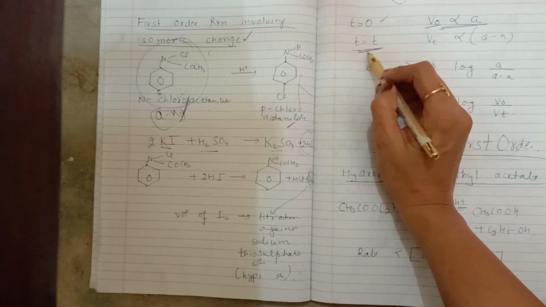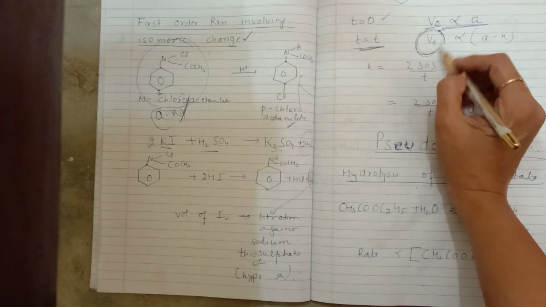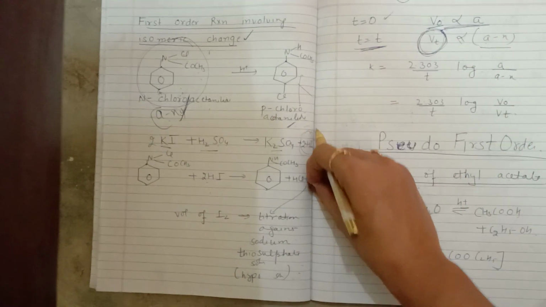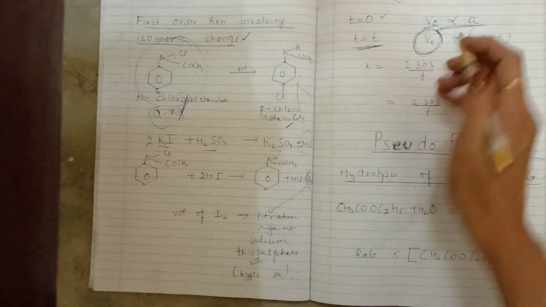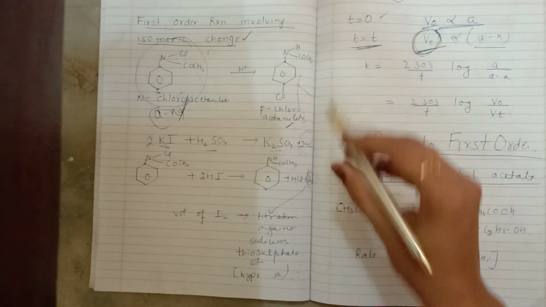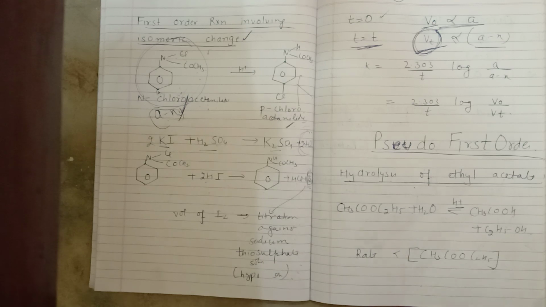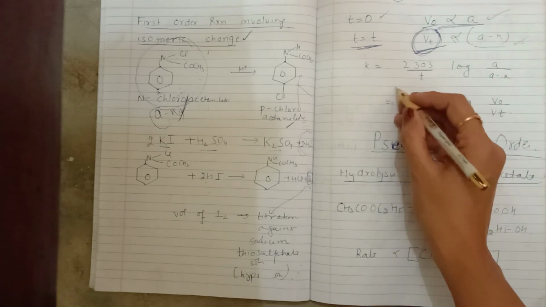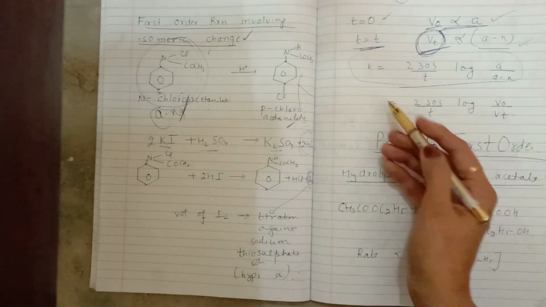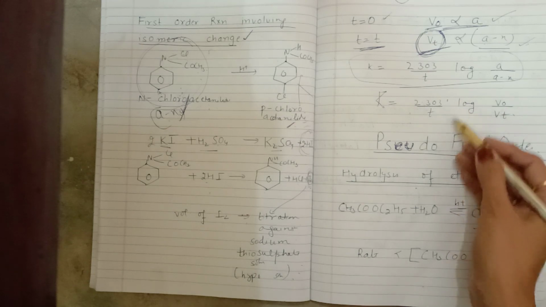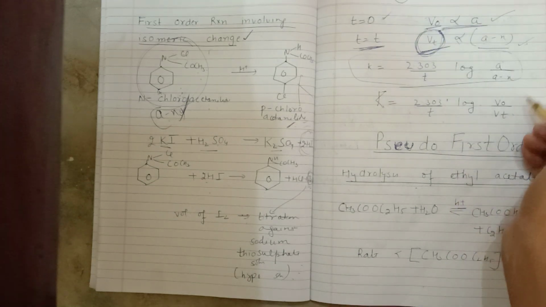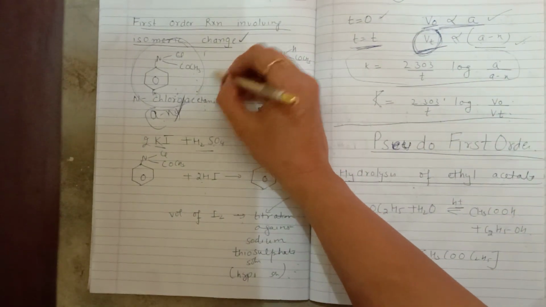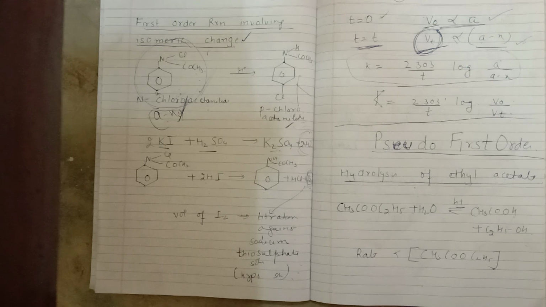So at time t, the volume of hypo solution used, Vt, will be proportional to a minus x. So we know a, we know a minus x. We'll put this in the first order rate law: k equals 2.303 upon t log V naught upon Vt. In this way we can study this isomerization reaction under the category of first order reactions.